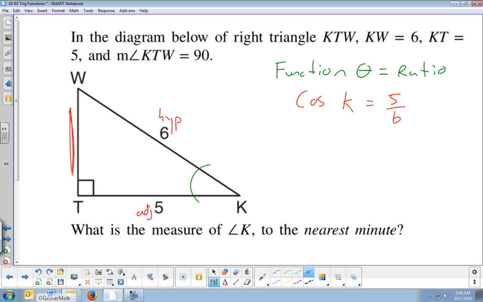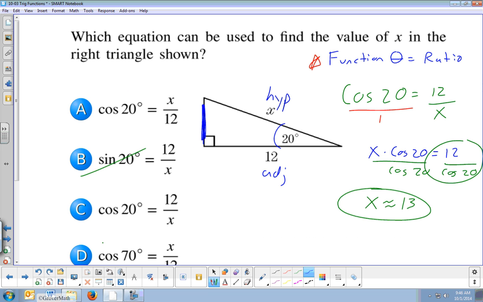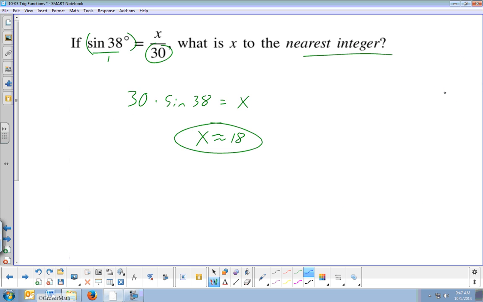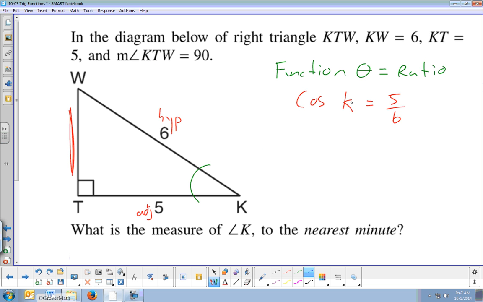Now this is different than these two questions, because notice where x is. X for here, when you're finding a side, is part of the ratio. It's one of the missing numbers in the fraction. Here, we're not dealing with x, we're dealing with k, but we're finding an angle. So we do not cross multiply when you're finding an angle. Instead, you have to use what we call inverse functions.